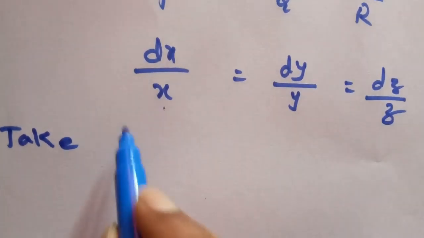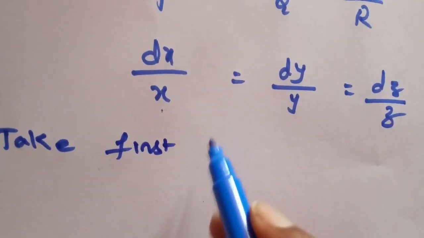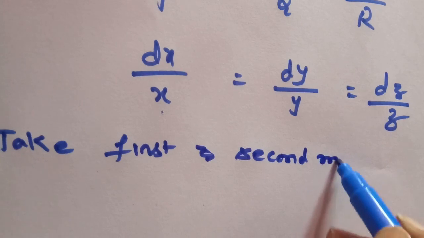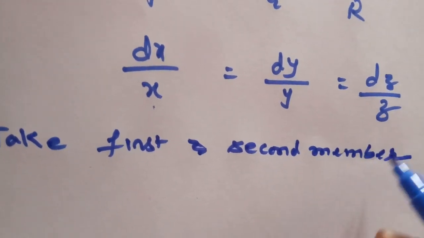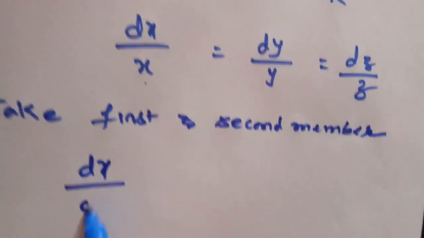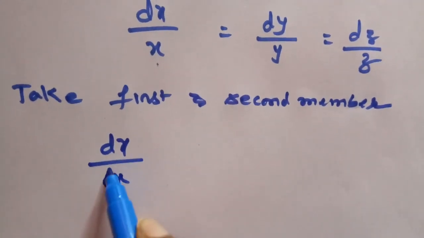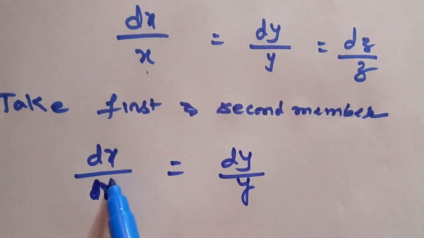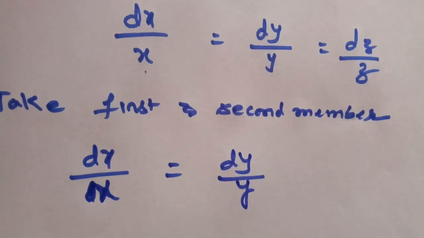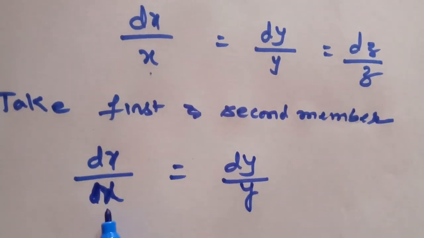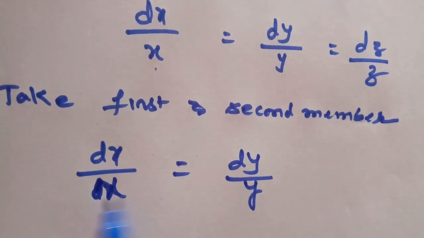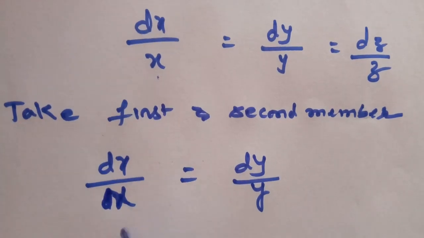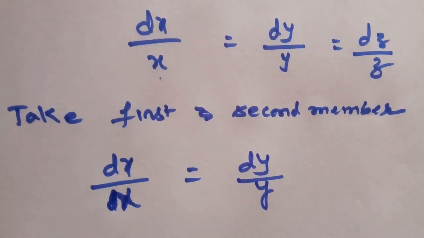Two groups are enough. Take first and second member. Now dx by x is equal to dy by y. Now, as explained in the procedure, other than x comma y, if any z variable is involved, first try to eliminate it. Here there is no z variable, so only x and y. So already variables are separated.